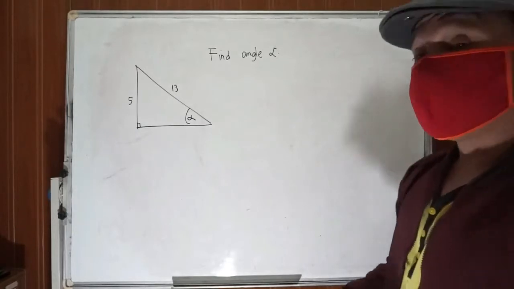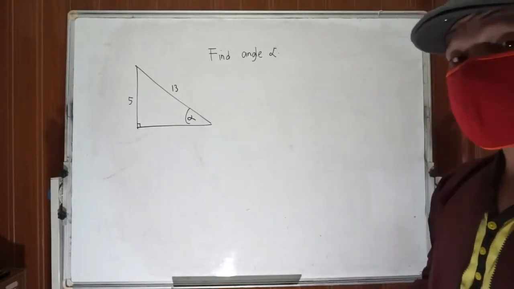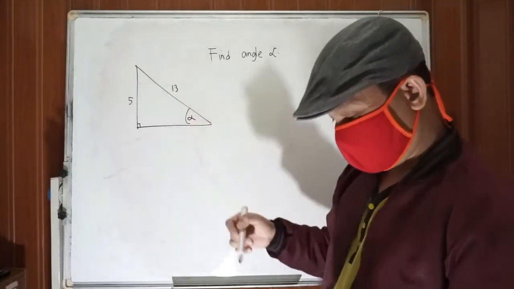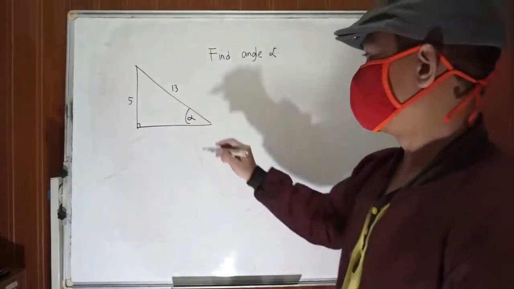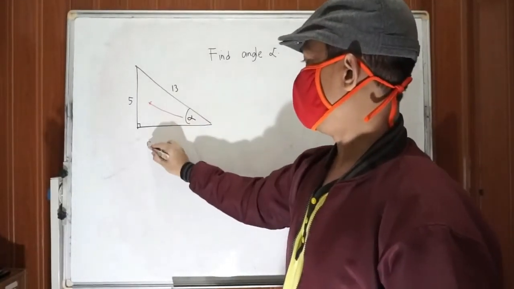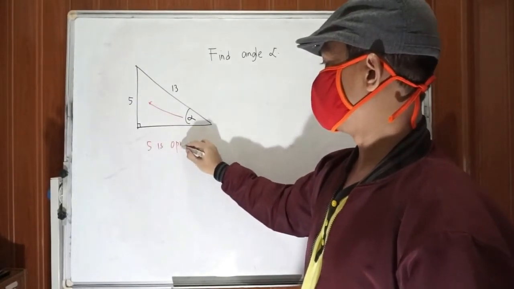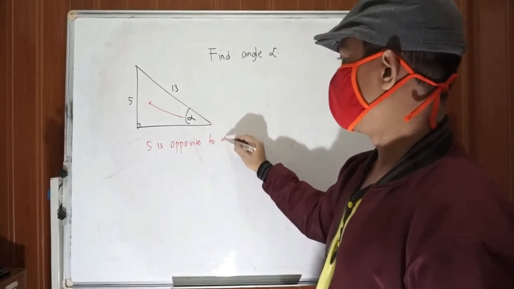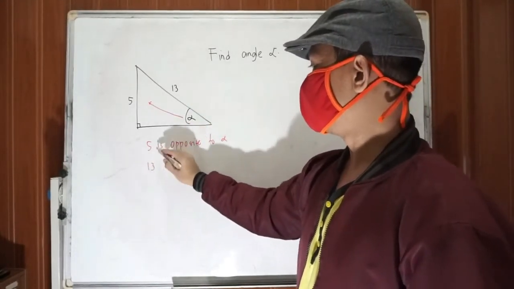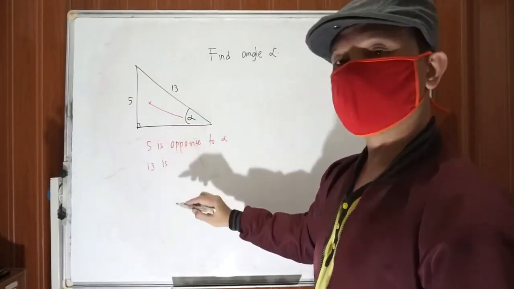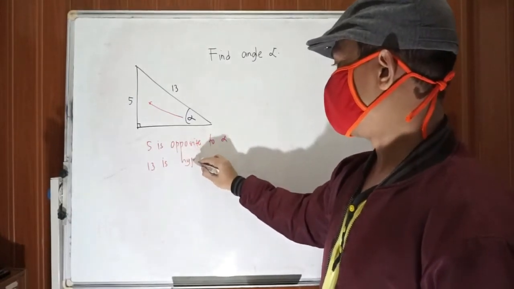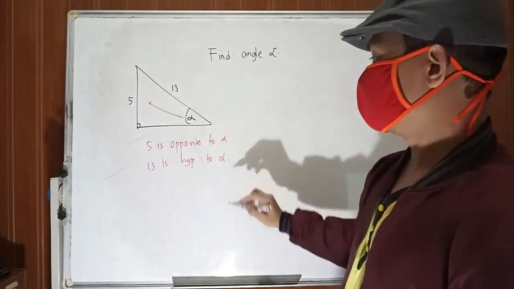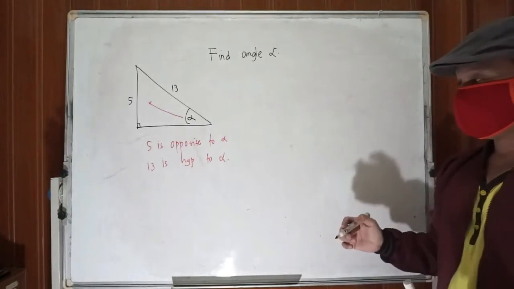Based on angle alpha, 5 is opposite to alpha, and 13 is the hypotenuse.